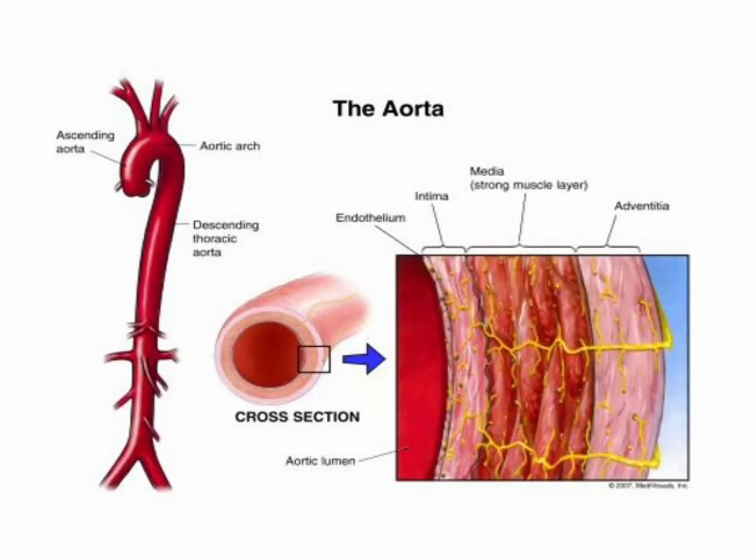When we break it down into a cross-section of the pathology of the actual aorta, it can be broken up into 3 to 4 different layers. So you have this endothelium lining, which sits closest to where all the blood runs through it. And then down there you have an intima layer. Then you have this media layer, which is the strong muscular layer.